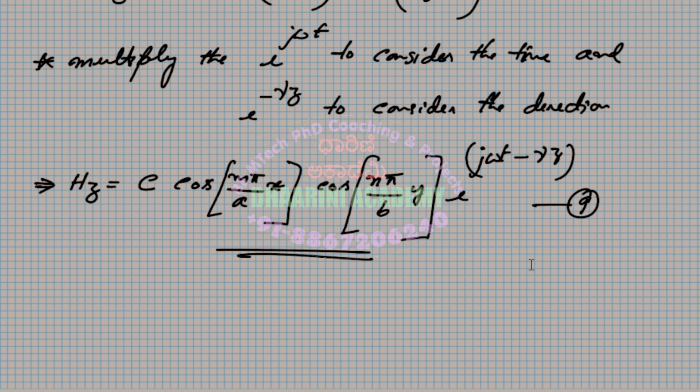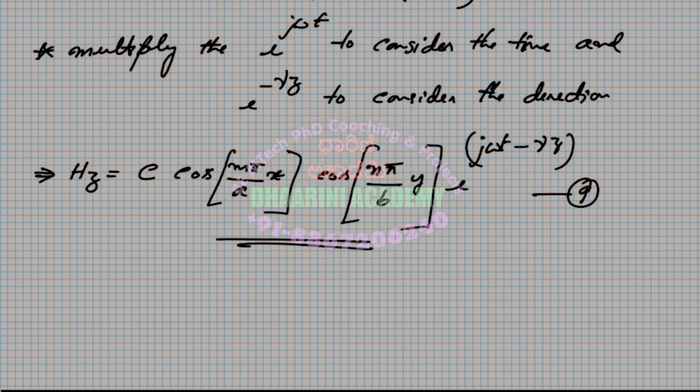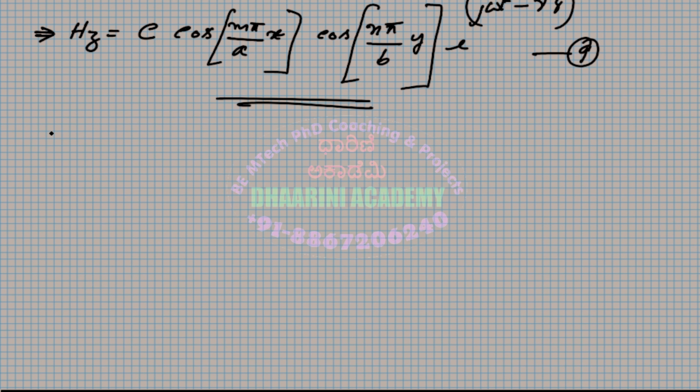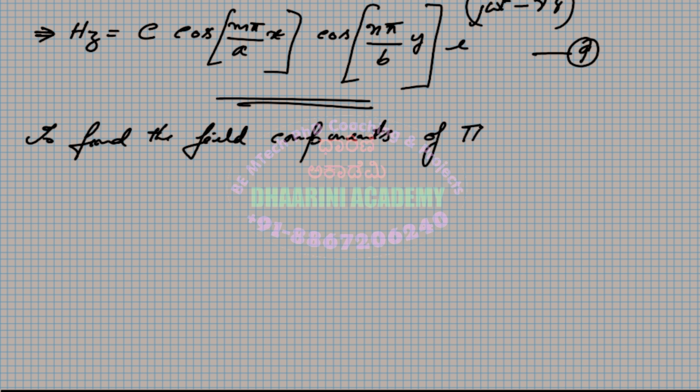So now we'll try to find the equations of the other field components. To find the field components of the transverse electric wave, we already have the equations, simply keep substituting the terms.